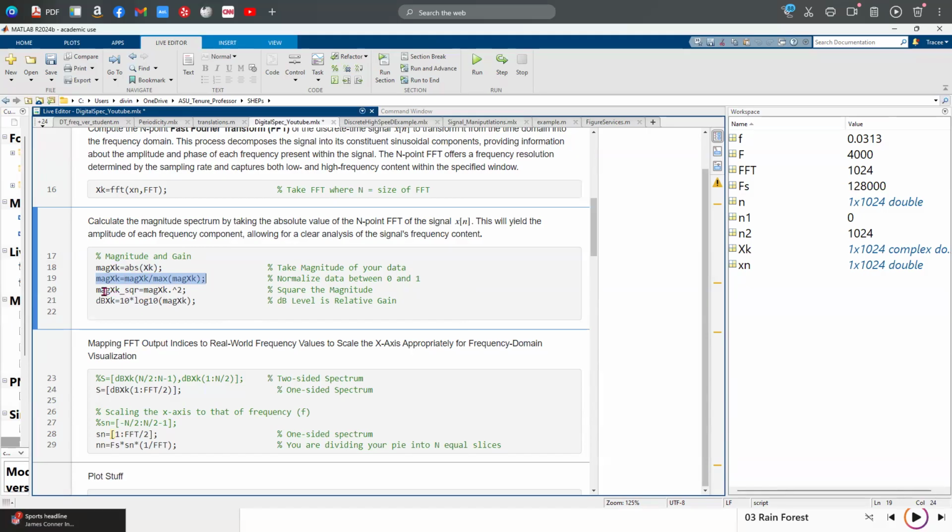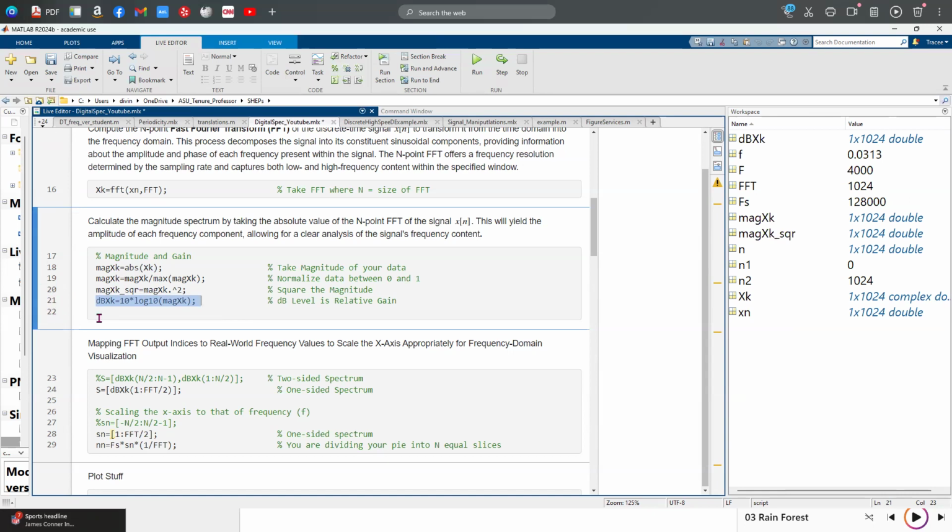Next, the normalized magnitude is squared to get the power, as power is proportional to amplitude squared. Finally, the power is converted to decibels, 10 log 10, giving a logarithmic scale where 0 dB represents the peak value. This makes it easier to visualize the signal's frequency content and compare it to noise.